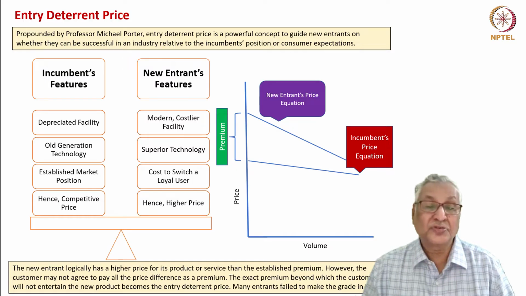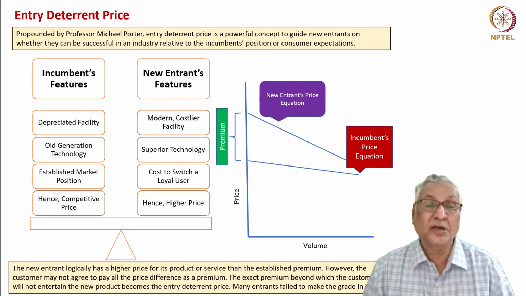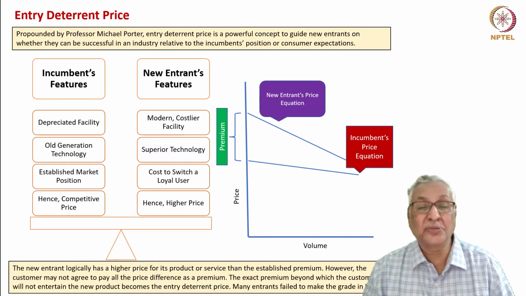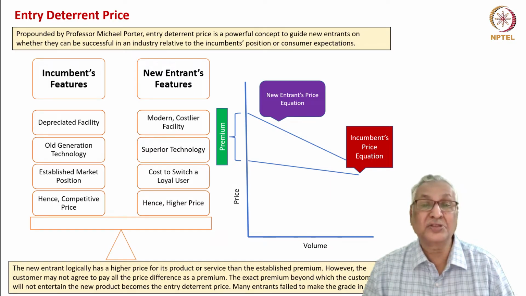The new entrant would have superior technology, therefore better customer satisfaction. There is, however, a cost to switching a loyal user from the established incumbent to the new entrant. These expenditures, as well as the cost entail higher price for the new entrant's product or service.